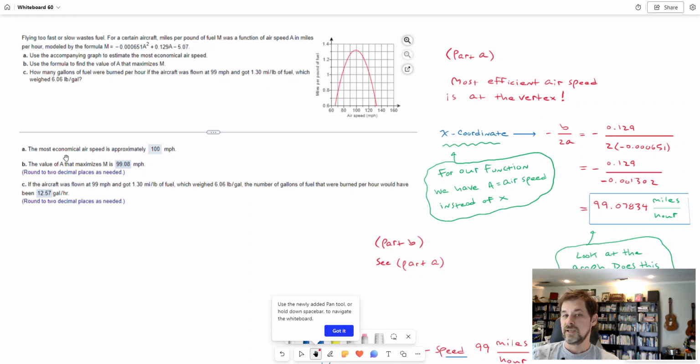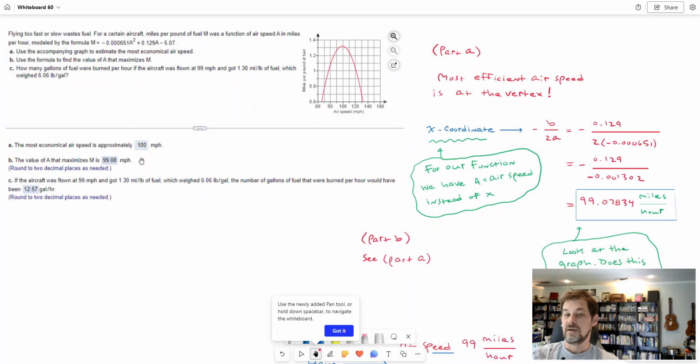What is the most economical airspeed? It looks like it's right there at about 100 miles an hour. Okay, just from best estimate on the graph, that looks to be where the vertex is. All right, so that's why the answer to part A is 100 miles an hour, the most efficient airspeed, where at that speed you're going to get about 1.3 miles for every pound of fuel, which is much better than any other points on the graph.